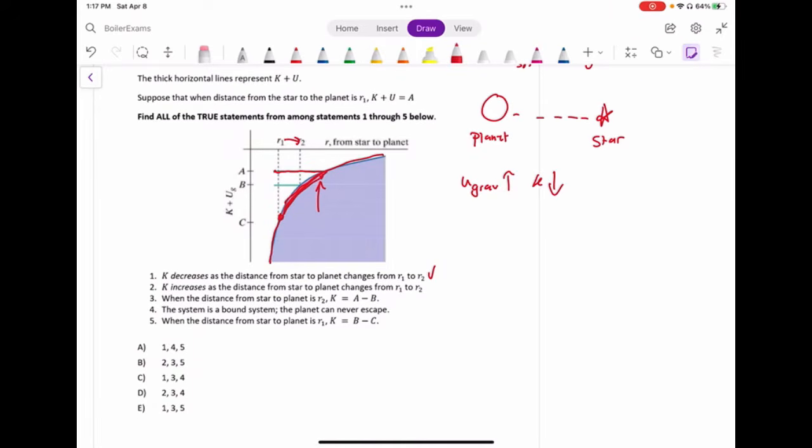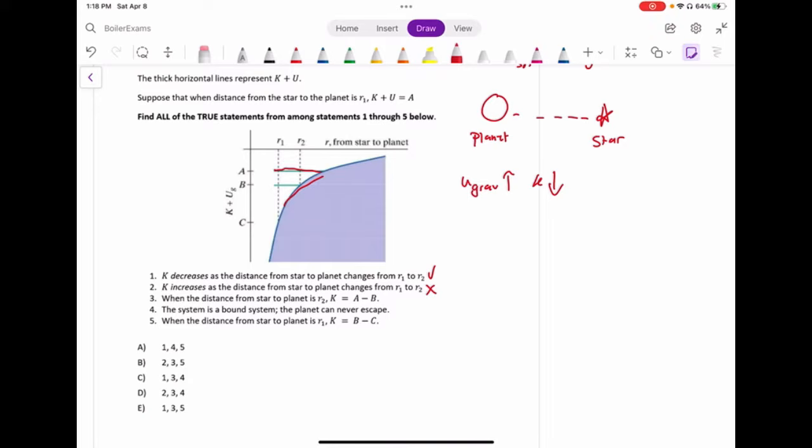So that's true. Number 2 says the exact same thing but increases, which we just proved couldn't be true. And then when the distance from the star to the planet is R2, kinetic energy equals A minus B. Okay, this is our total energy line. This is potential.